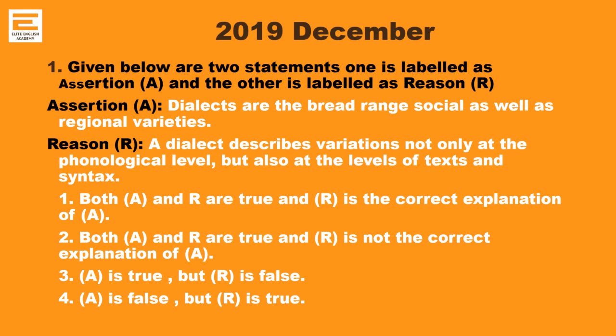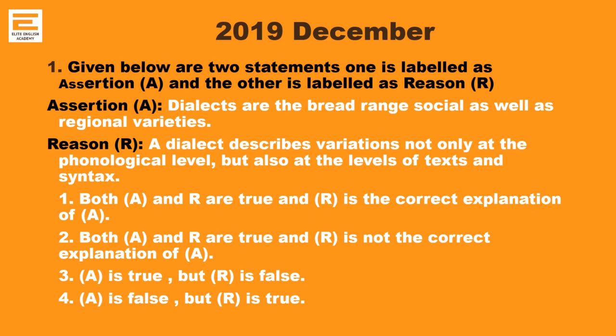Fine. Then the reason: a dialect describes variance not only at the phonological level but also at the levels of text and syntax. So the variety refers to not only the speaking form but also the writing as well as other forms. So this is also a correct explanation.